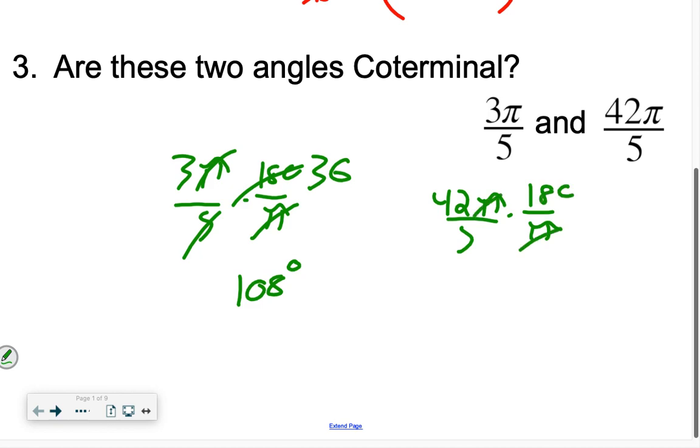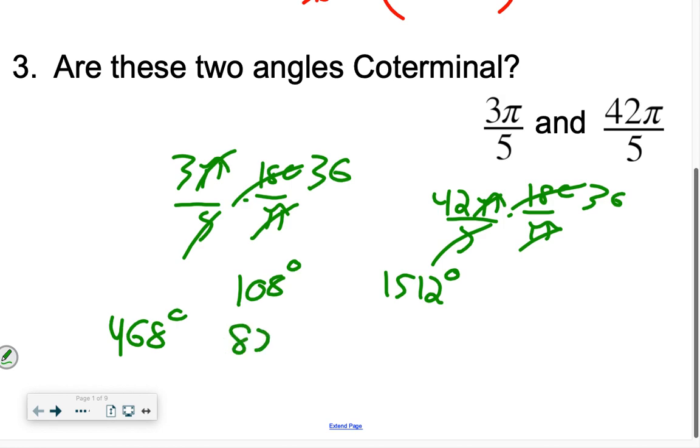The pi's cancel. This is 36. So 42 times 36 gets you 1,512 degrees. And so you can just keep adding 360 to 108. If you add 360 to 108 once, you get 468 degrees. All right, let's add it again.